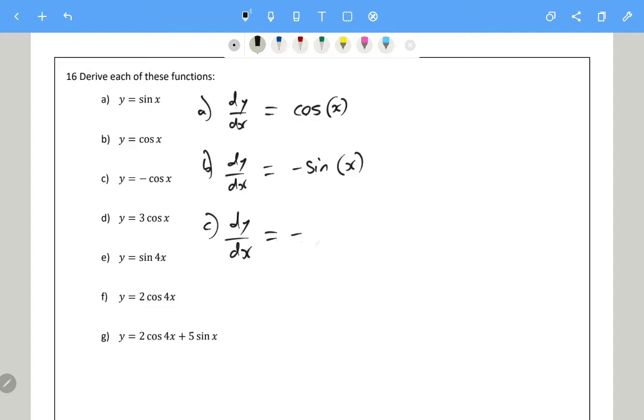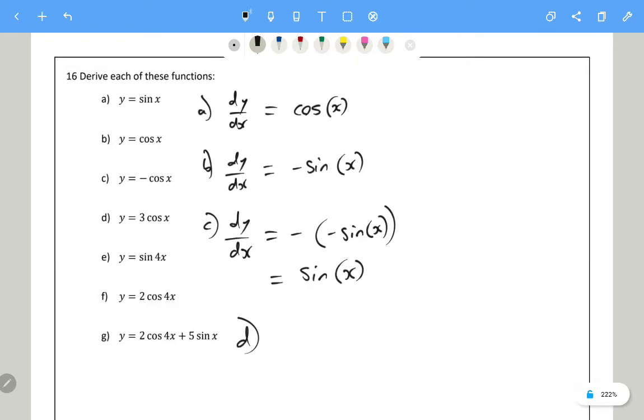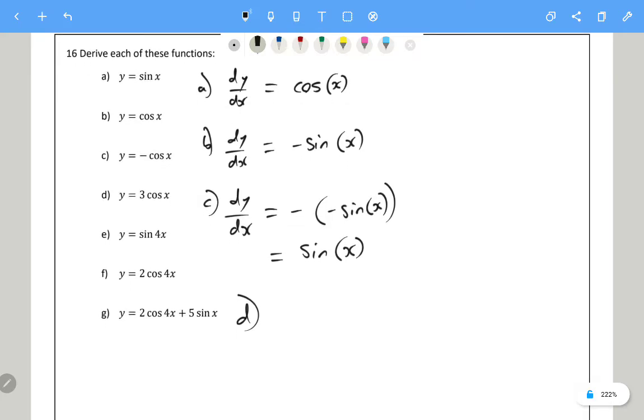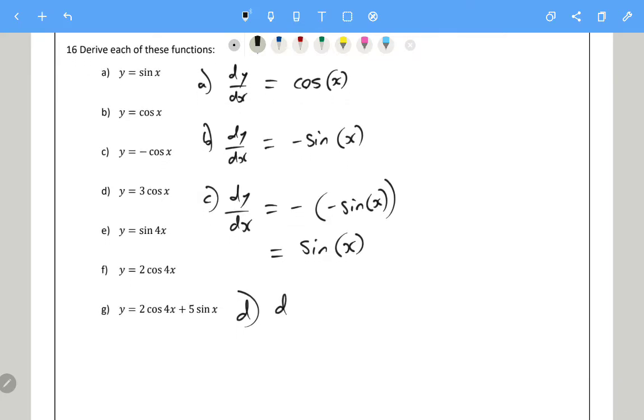So this would be equal to negative negative sine of x, because cos goes to sine. So this would be equal to sine of x. For D, we get y equals 3 cos of x, so dy dx would be equal to 3 times negative sine of x, which is just negative 3 sine x.